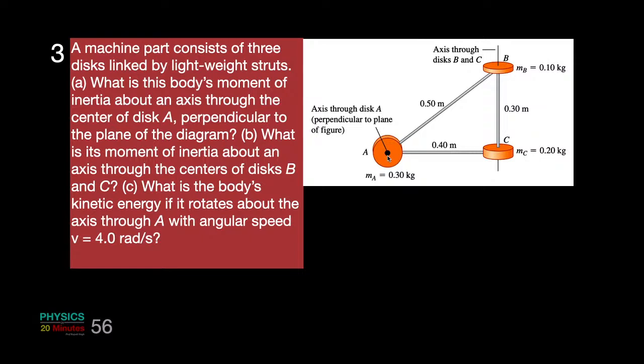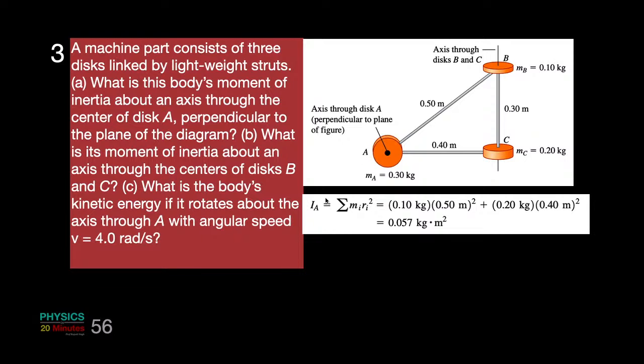So the axis is passing through this point and it is perpendicular to the plane of the diagram. I assume that these discs are very small and the entire mass is concentrated almost at a point. That is a very important assumption I am making. If I take these discs as too large, then I'll have to calculate the moment of inertia of each disc separately, which I'm ignoring.